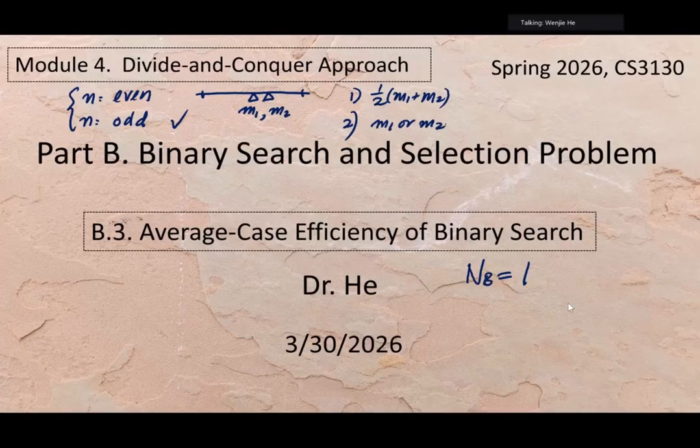Now let me tell you, the first one is what people use in math. Math people use the first definition. The second one, our CS people will use. There is a good reason.